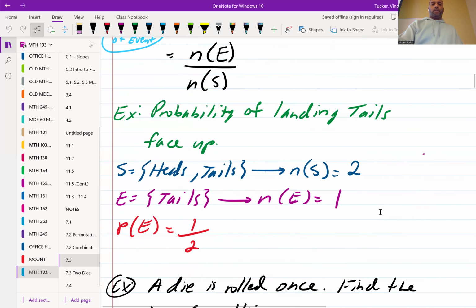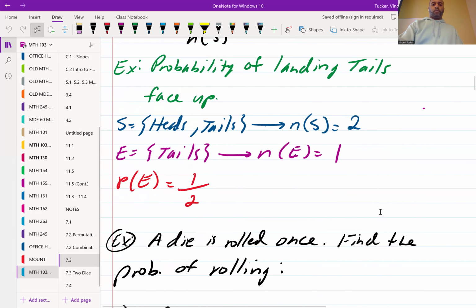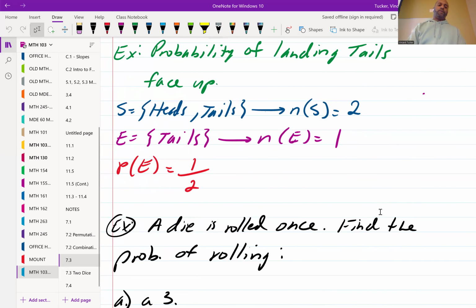So let's look at the first example. A die is rolled once. Find the probability of rolling a 3.